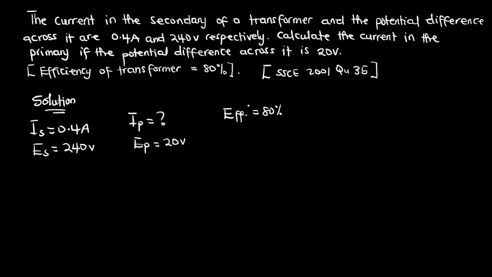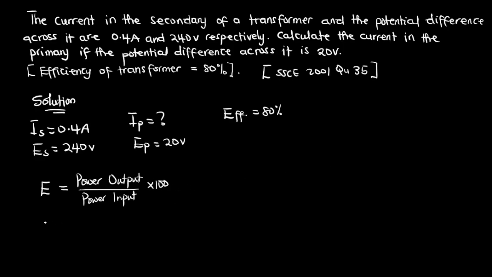Now if we are given efficiency, efficiency is equal to power output over power input multiplied by 100, right? So if we want to get rid of the 100 over here, we divide both sides by 100, or we can leave it like this.